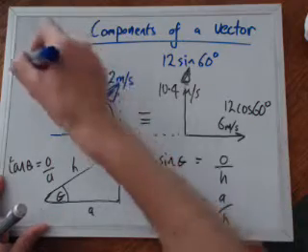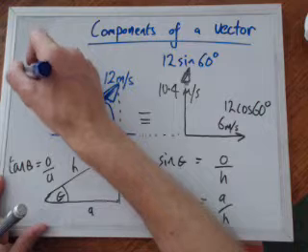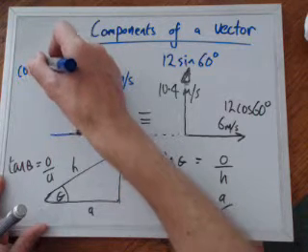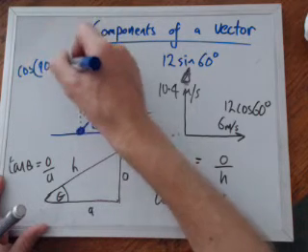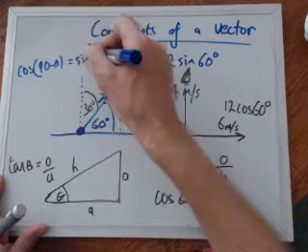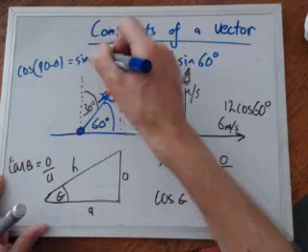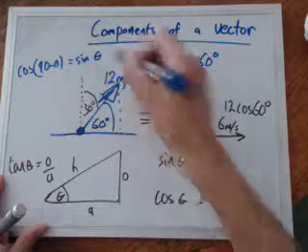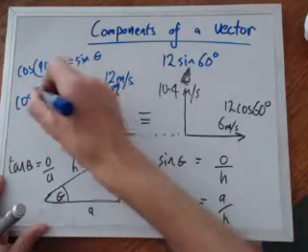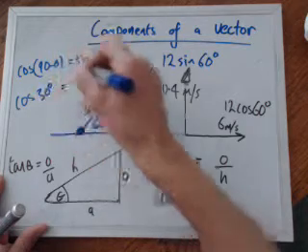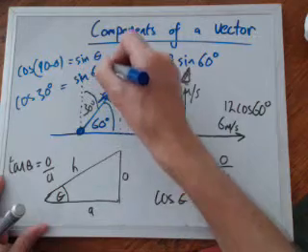Because the cosine of 90 minus theta is equal to the sine of theta. So therefore the cosine of 30 degrees is equal to the sine of 60 degrees.